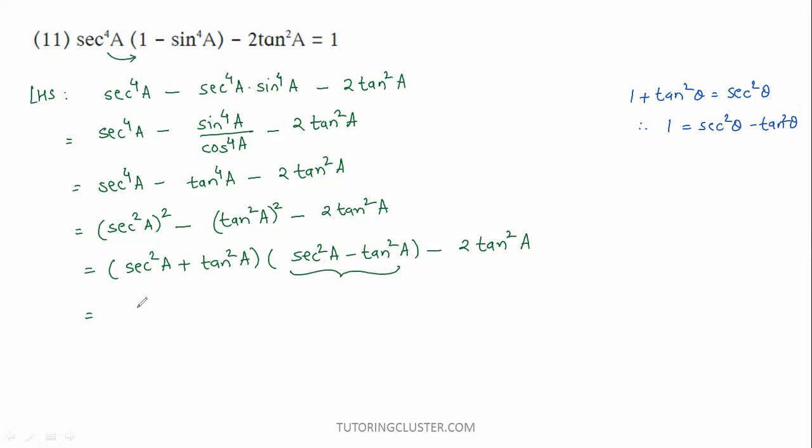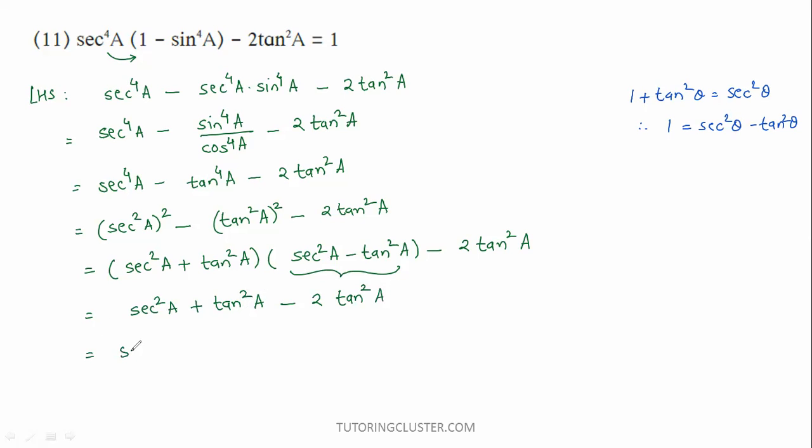So this will be sec square a plus tan square a. The other term will be equal to 1, so no need to write because it is in multiplication. Minus 2 tan square a.